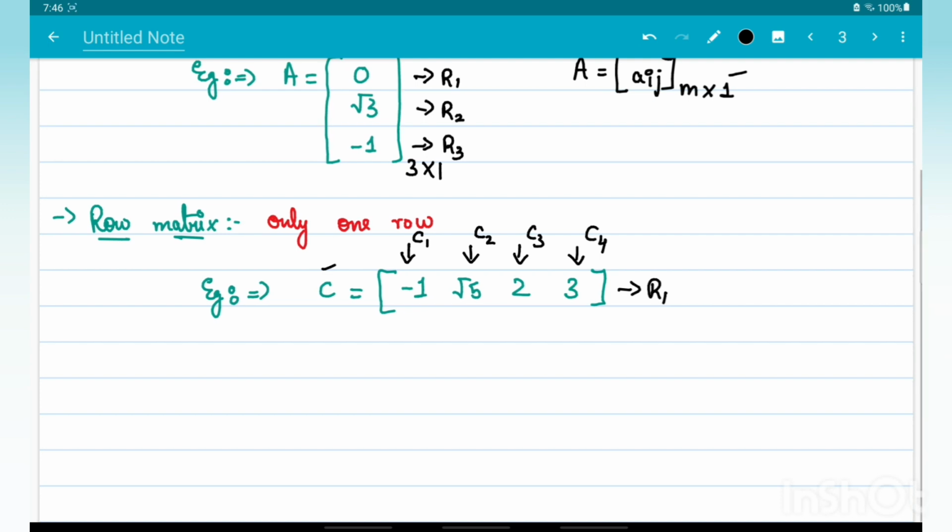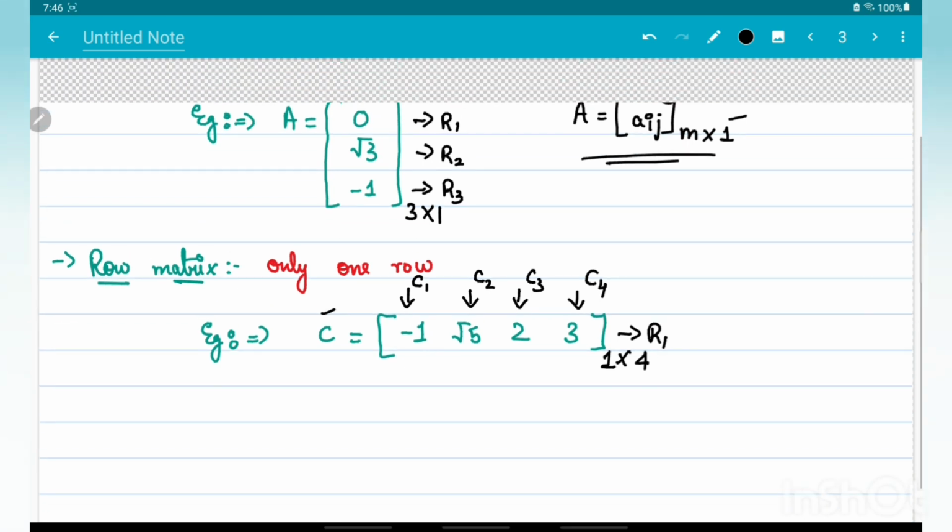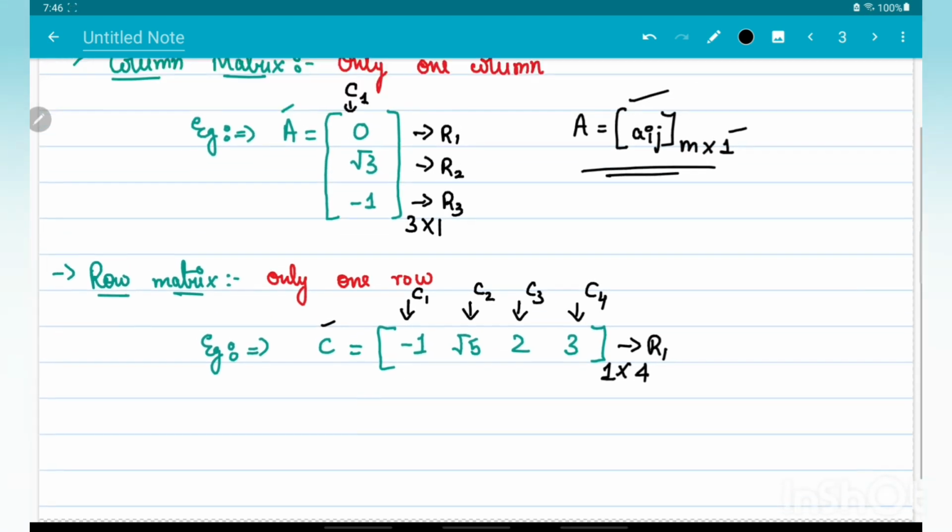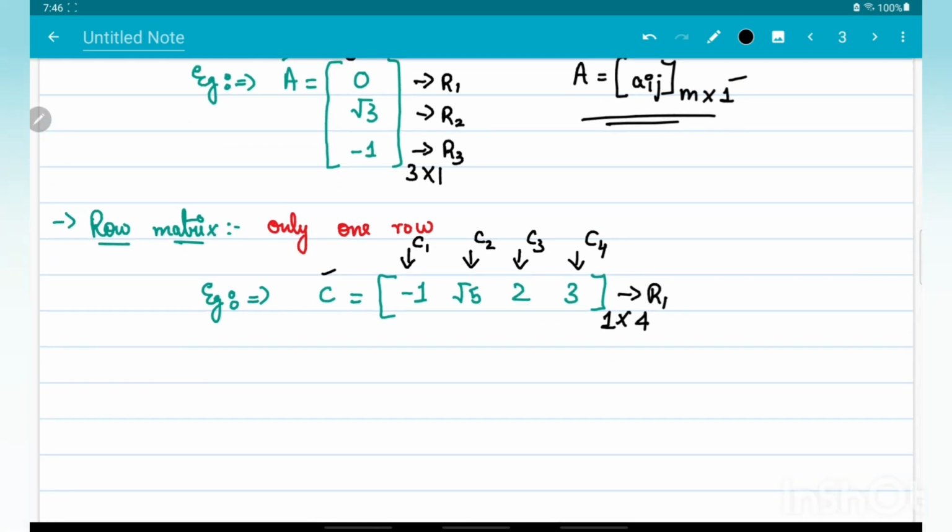Now if you write the order of this matrix C, you have to write it in the form of rows and columns. There is only one row and the number of columns is 4, so 1 by 4 is the order of this matrix. As I have written the general form for the column matrix, similarly we can write the general form for this row matrix also. Suppose C is the matrix I had taken as an example. C can be written as Cij.